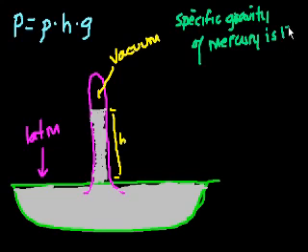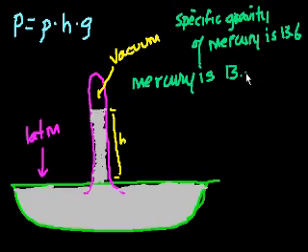That's often a daunting statement on a test when you know how to do all the math and all of a sudden you wonder, what is specific gravity? Specific gravity is just the ratio of how dense that substance is to water. So all that means is that mercury is 13.6 times as dense as water.